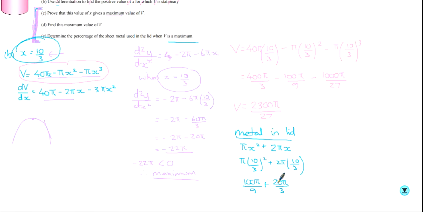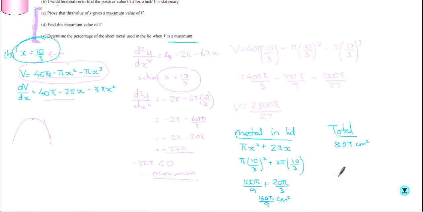If we times this by 3, we're going to get 60 pi over 9. So that's going to equal 160 pi over 9. And that's centimeters squared. So that's actually the amount of metal in the lid, but the total metal from the question is 80 pi.